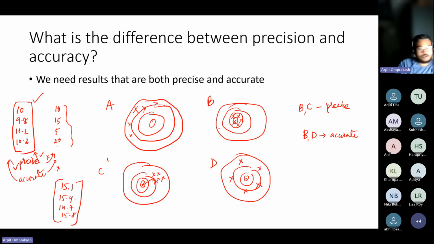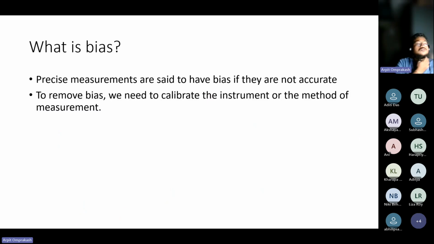So these are again very precise because they are very close together, but they are not accurate, since your friend is consistently getting values that are close to 15. So the difference between 15 minus 10 here, which is 5, is basically the bias of these measurements. Right, how far away it is from the accurate measurement.